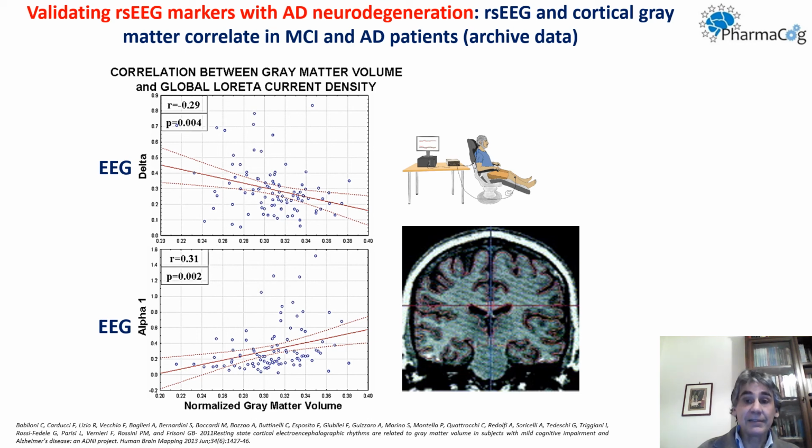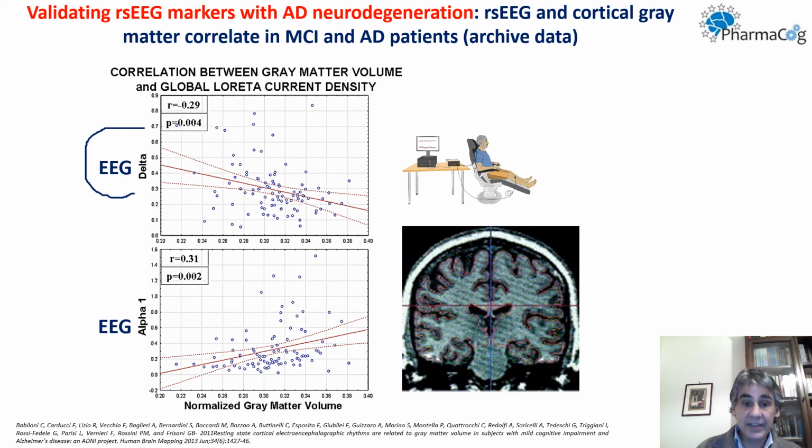In the same line, we validated EEG biomarkers during the resting state condition and the cortical gray matter volume in MCI and dementia patients with Alzheimer's disease. You see in the graph that the higher the global delta source activity, the lower is the cortical gray matter volume, as revealed by structural magnetic resonance imaging.